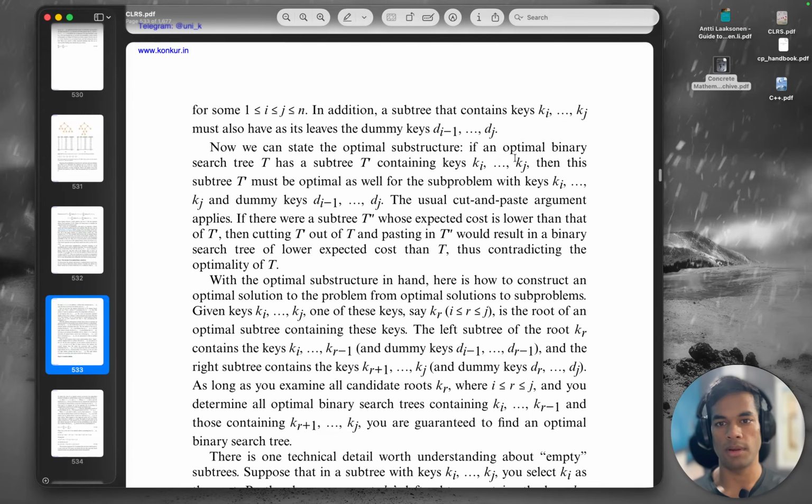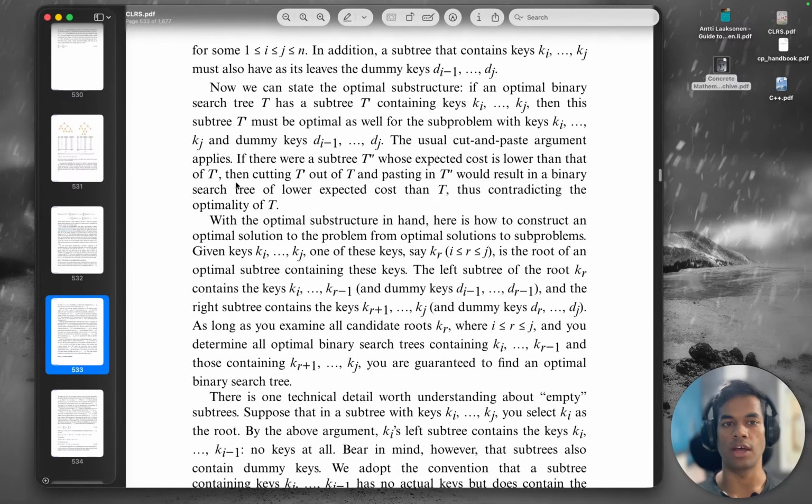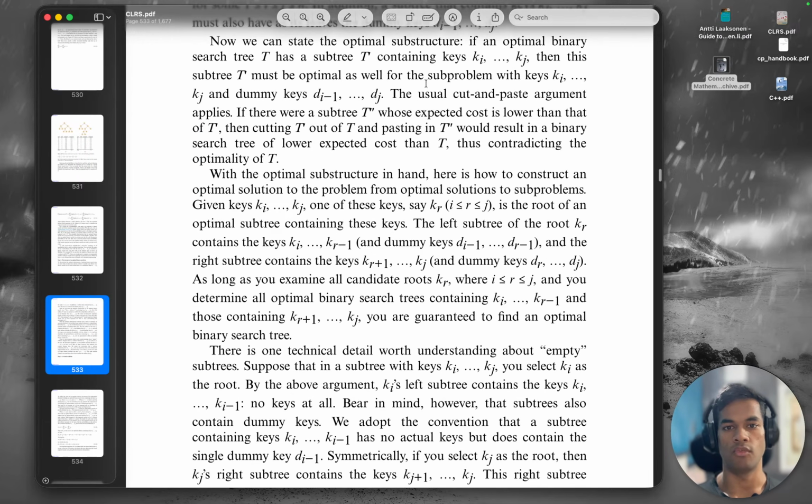If an optimal binary search tree T has a subtree T', containing keys Ki to Kj, then this subtree must be optimal as well for the subproblem with keys Ki till Kj and with the dummy keys Ki-1 till Dj. Yes, the usual cut and paste argument applies with contradiction.